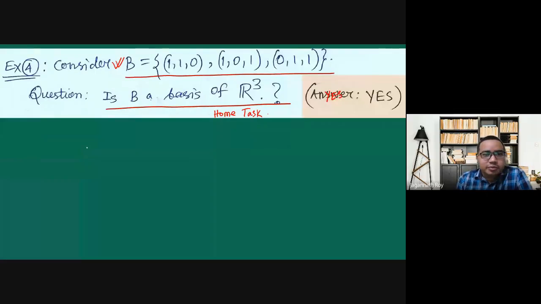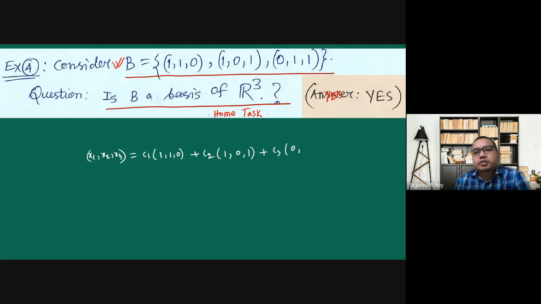Okay. So for a spanning part, you have to say x1, x2, and x3. You have to check C1 into 1, 0, 1 plus C2 into 1, 0, 1 plus C3 into 0, 1, 1.